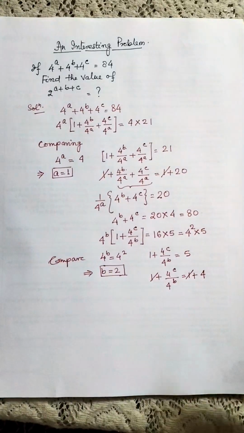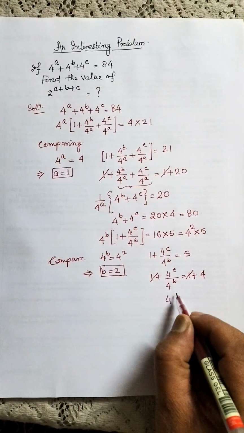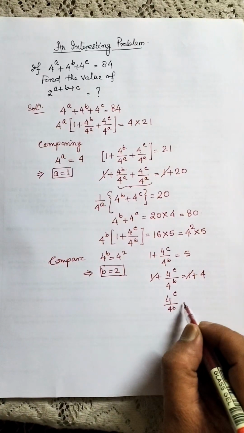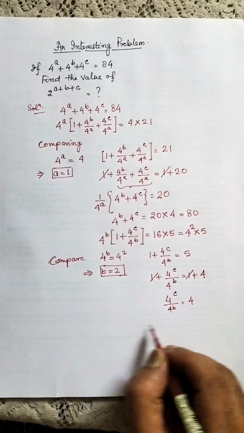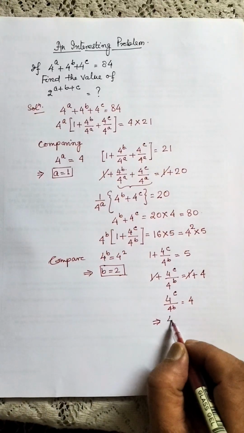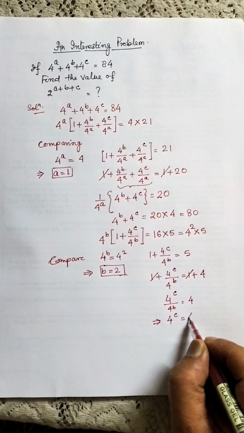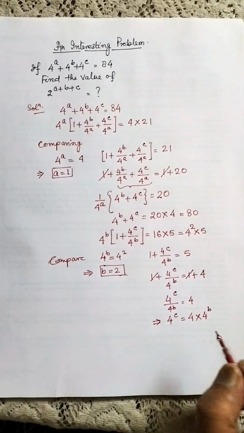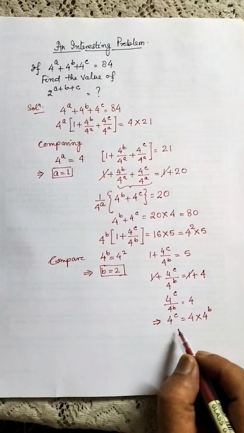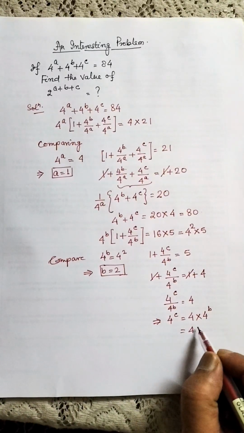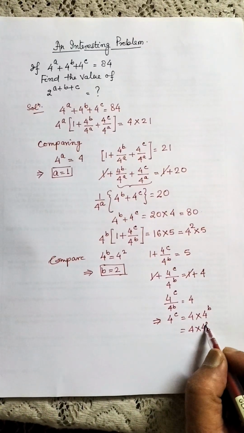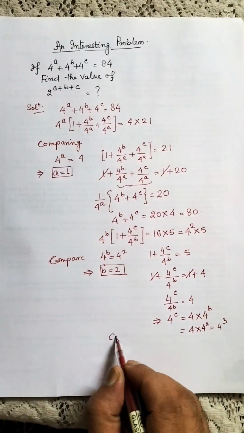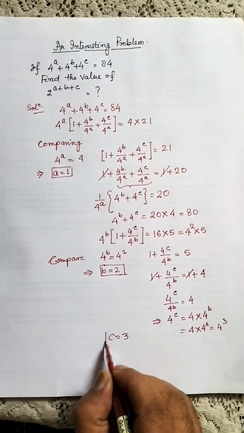Cancelling this 1 from both the sides, we are left with 4 raised to the power of c upon 4 raised to the power of b is equal to 4, which implies that 4 raised to the power of c is 4 times 4 raised to the power of b, which is 4 times 4 square, that is 4 raised to the power of 3, will give c equals 3.